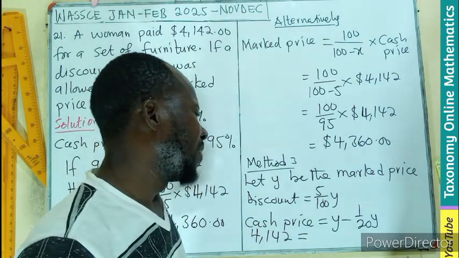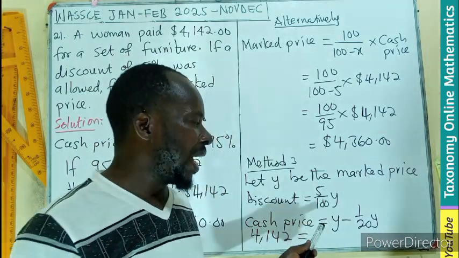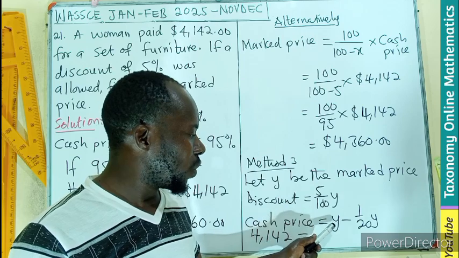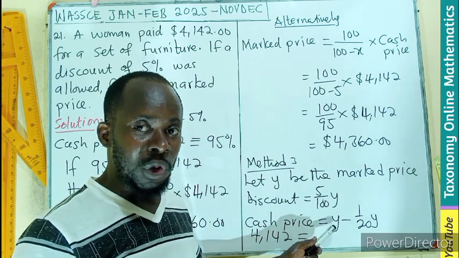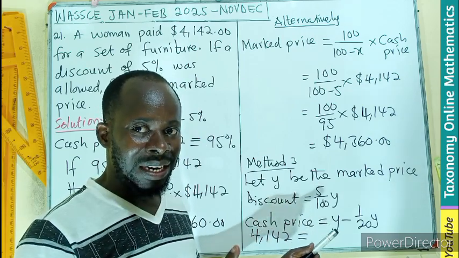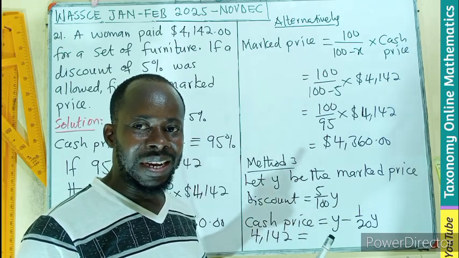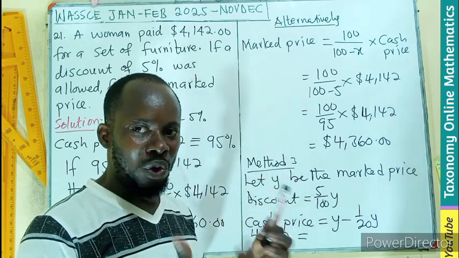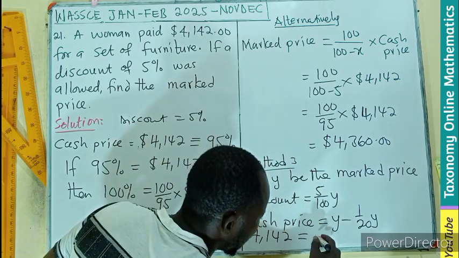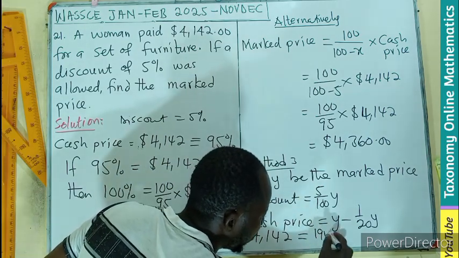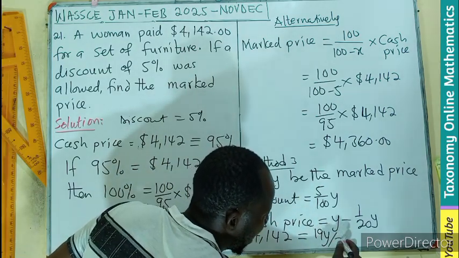If I want to resolve this, I can also make this 20 over 20, which is 1 as the coefficient. So I'll be having 20 minus 1, that will be 19. So 19 over 20 y. 19y over 20 is the same thing.